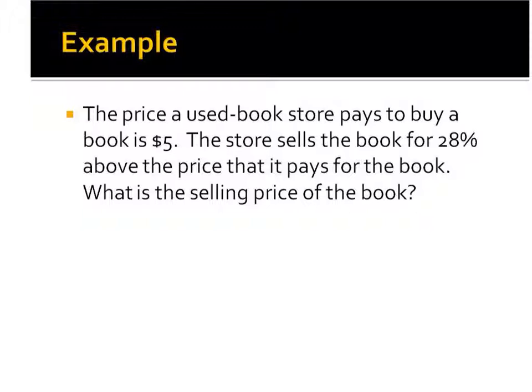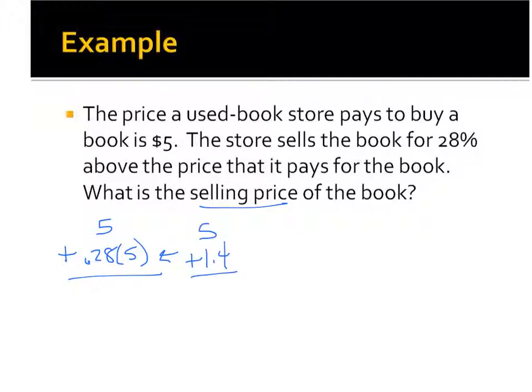Well, when they sell the book, they're going to charge $5 plus they're going to charge 28% of that $5. And so you have to then figure out this number, which I think is 1.40. Yep, all right. So that's going to be 5 plus 1.40 to get 6.40 that they're going to charge for the book. So it's a two-step problem.